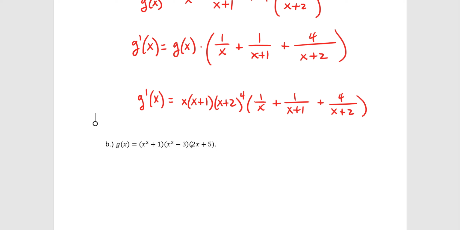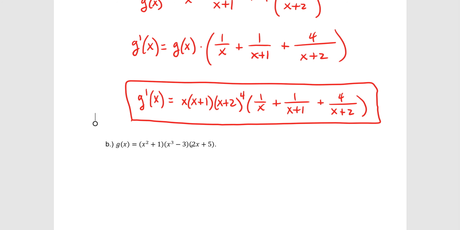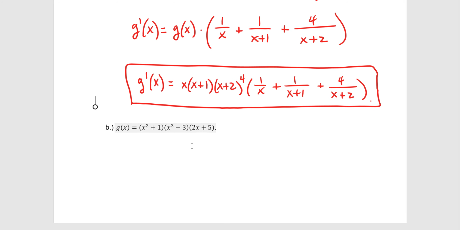Okay, so it looks a little messy, but we're just going to leave it just like that. Technically, you could distribute and clean that up a little bit, but that is completely fine for now, and that is our derivative.